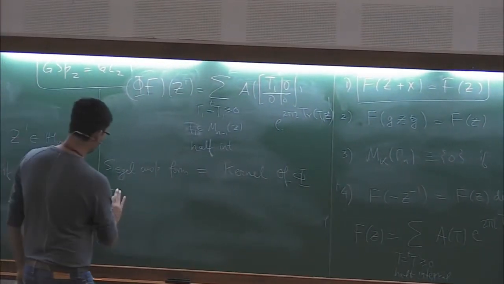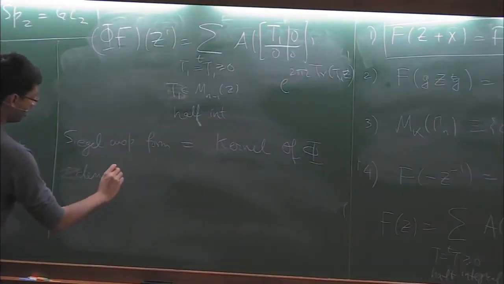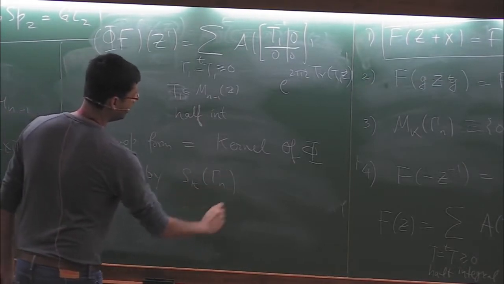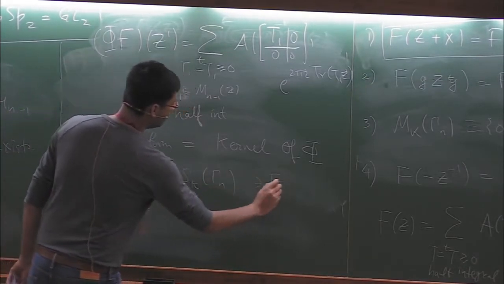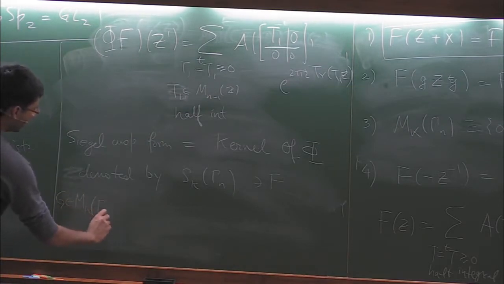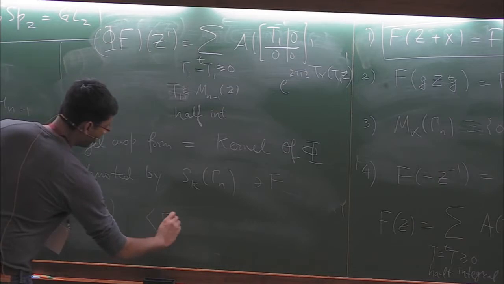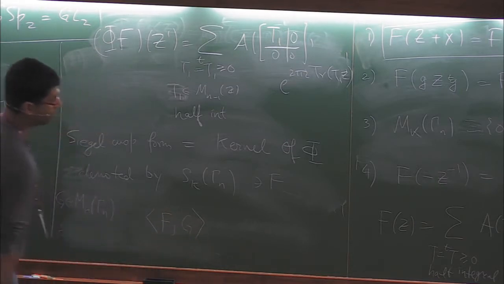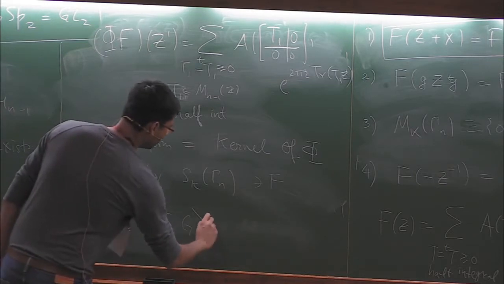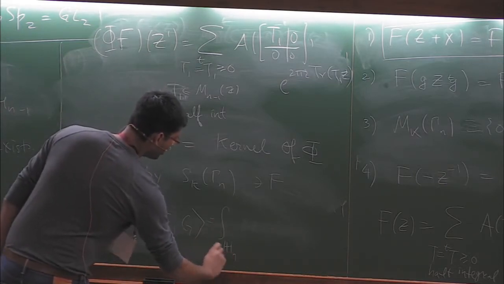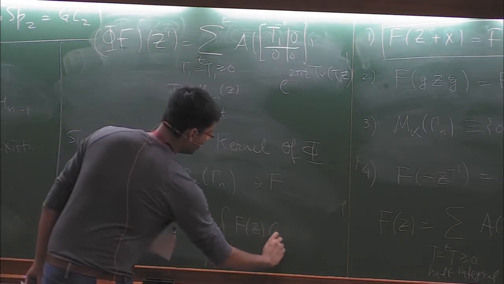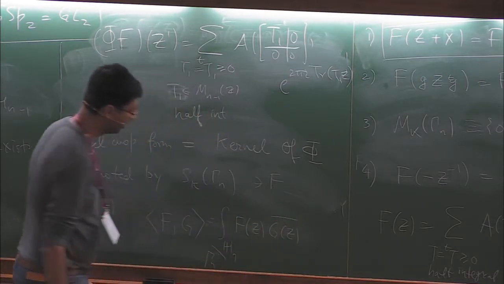So this is denoted by S_k(Γ_n), and suppose I have an f in here and a g in M_k(Γ_n). I can now define the Petersson norm, which is the integral over H_n mod Γ_n of f(z) g(z) bar.